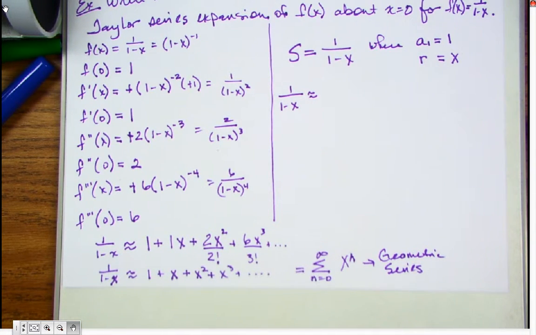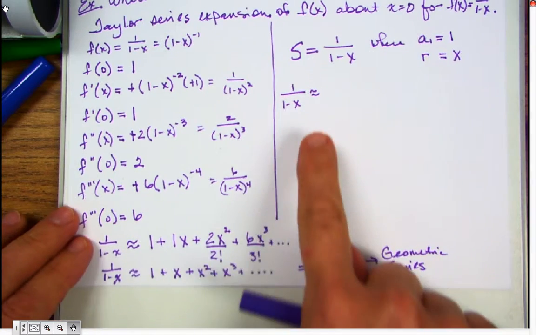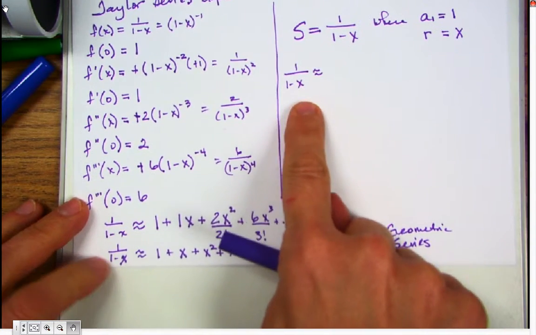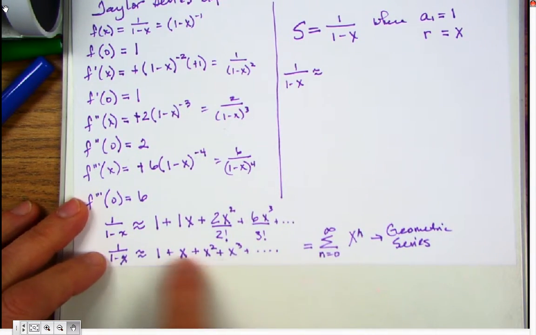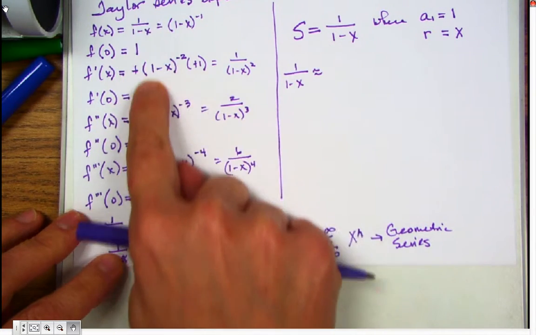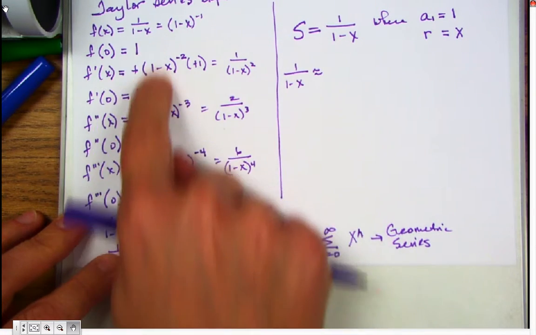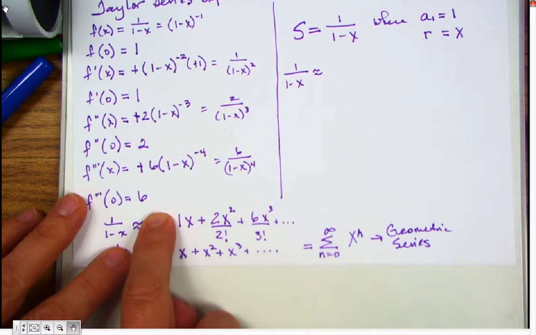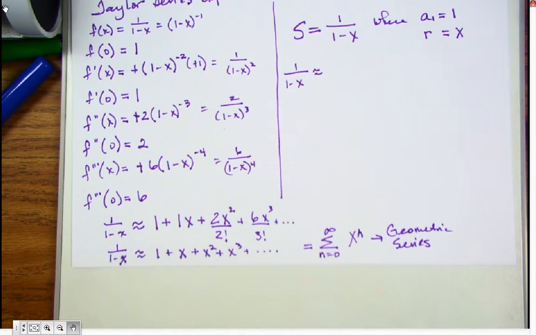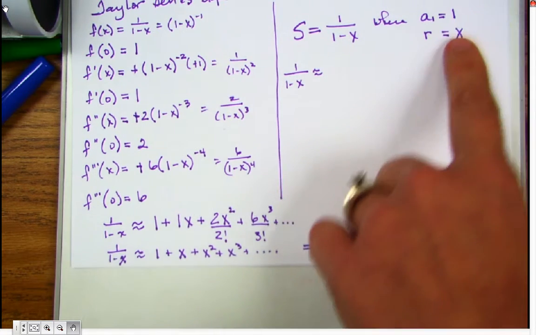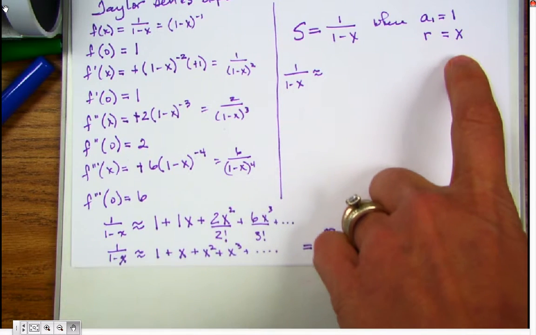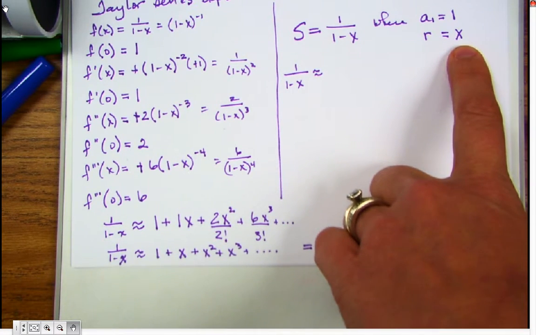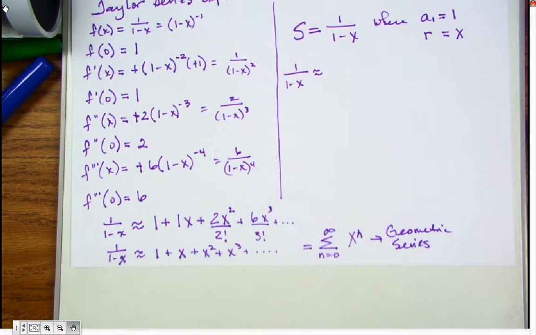How do I want to write this as a series, but instead of going through this whole big long process, what's the only thing I have to do? Recognize that's a sum of a geometric series where the first term is 1 and the ratio is x. When you have a geometric series, how do you get from term to term?